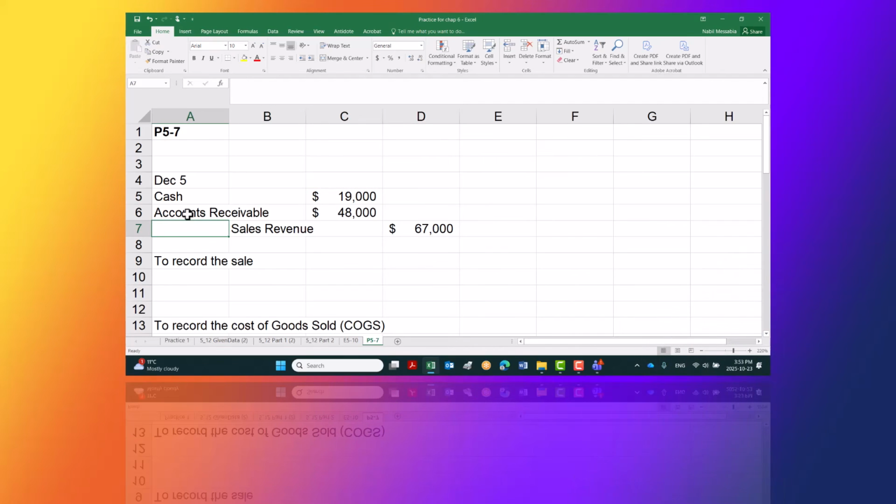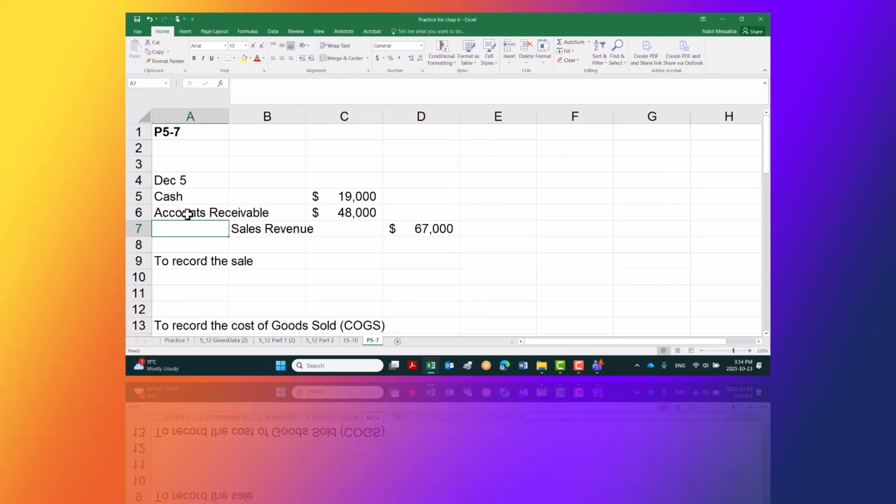Okay? This is to account for the sale itself, but the sale has a cost. We have sacrificed merchandise which cost $35,000. The total cost of the sale was $35,000. So immediately after we record the sale, we also have to record the cost of sales. How do we do it? Cost of sale. So this is to account for the sale revenue, but the items that we have sold have a cost for us.